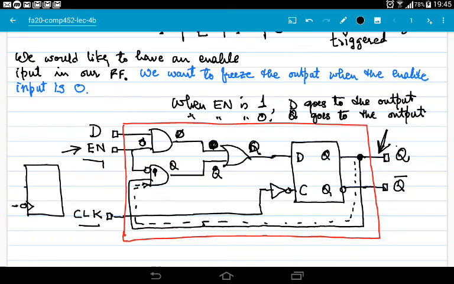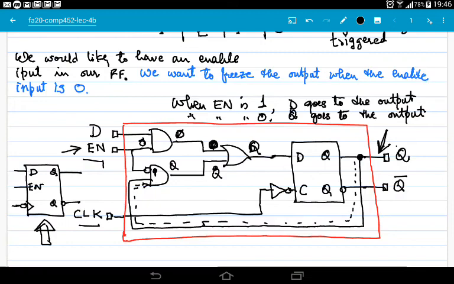Then we have enable input En, D input D, Q output, and then negative Q output. So this is the circuit symbol of a negative edge triggered D-type flip-flop with enable input. Alright, so does it make sense?